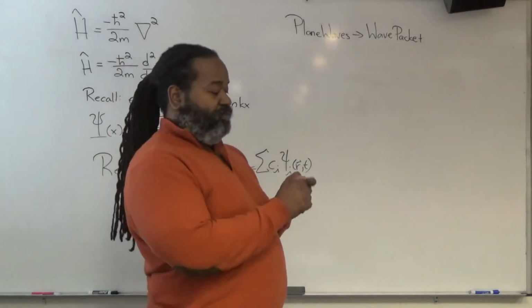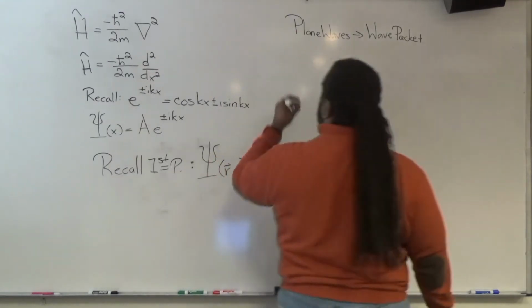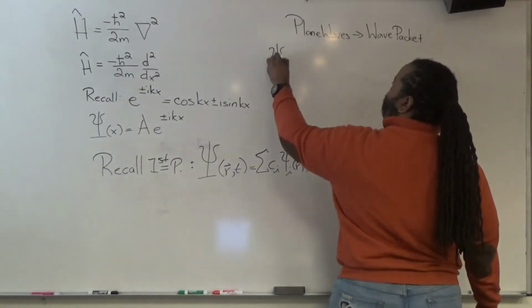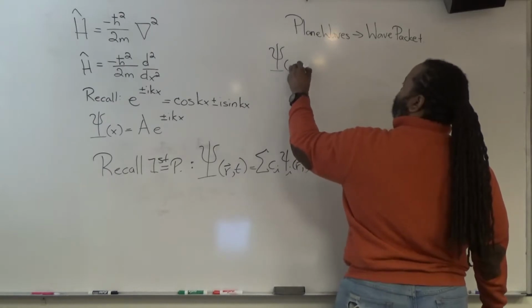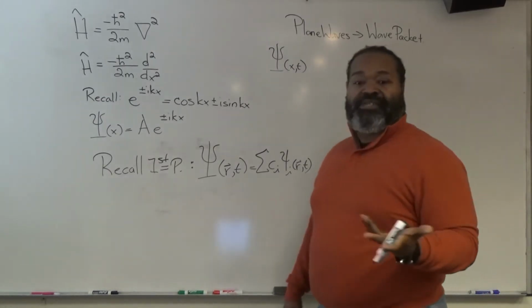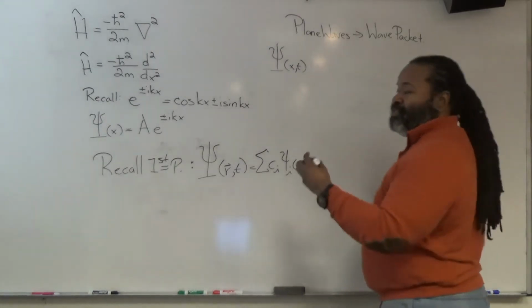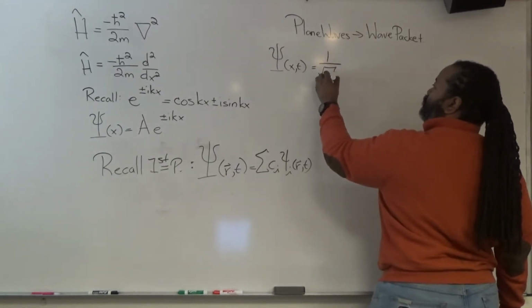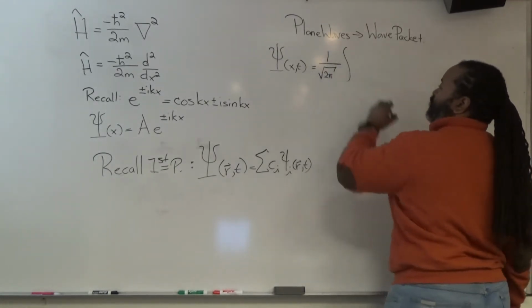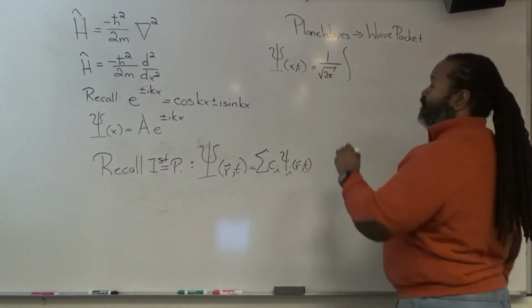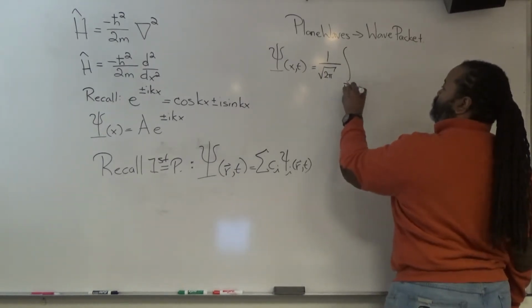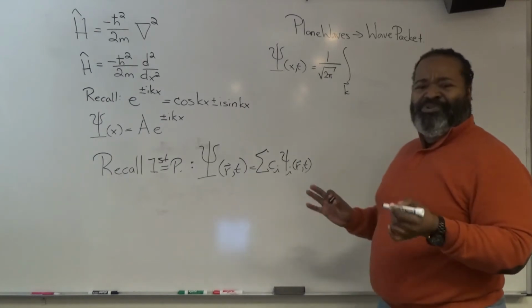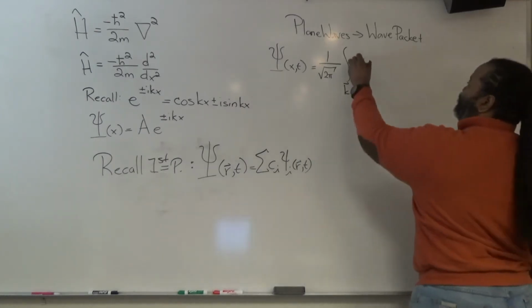And so what that looks like is the following. We can have a wave function, and in this case we can incorporate time, since that's also an exponential solution. So we have some normalization out front, and we have to introduce some new ideas.